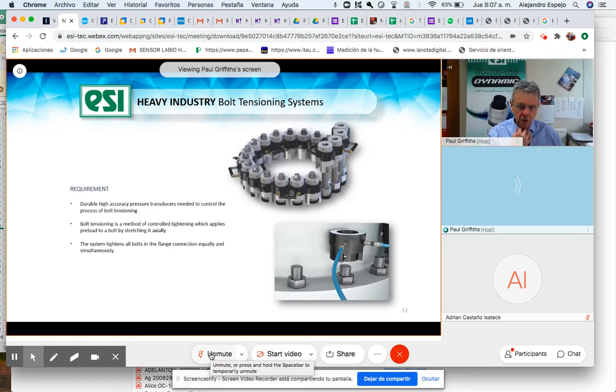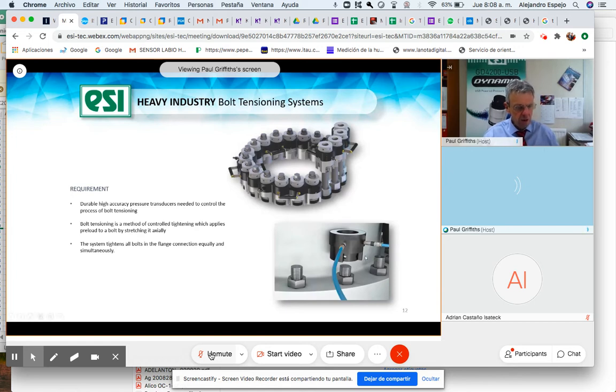A lot of the masts that the windmills sit on are bolted together. And there have been cases where the tightening of the bolt has not been uniform. And in fact, some of the towers have collapsed. So there's a drive to improve the accuracy and the reliability of bolt tensioning.